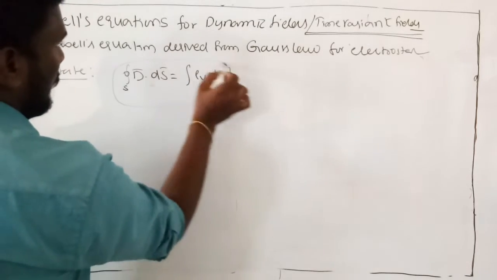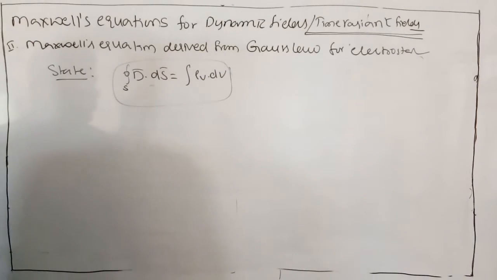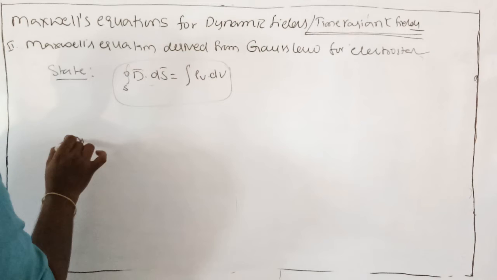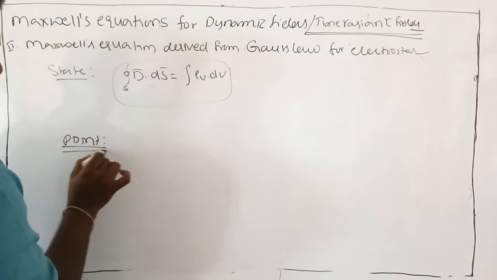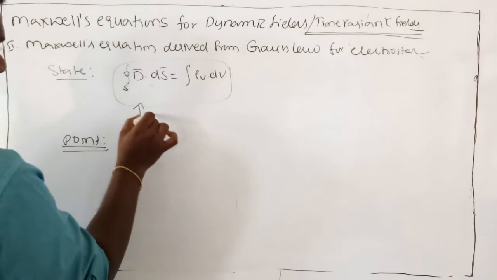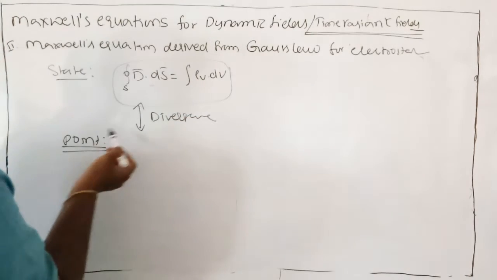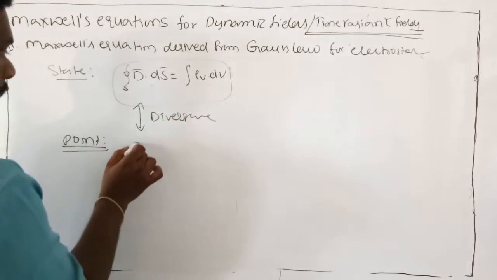This is the integral form of Gauss law for electrostatics. What about the point form? Apply the divergence theorem, so the surface integration is converted into volume integration.